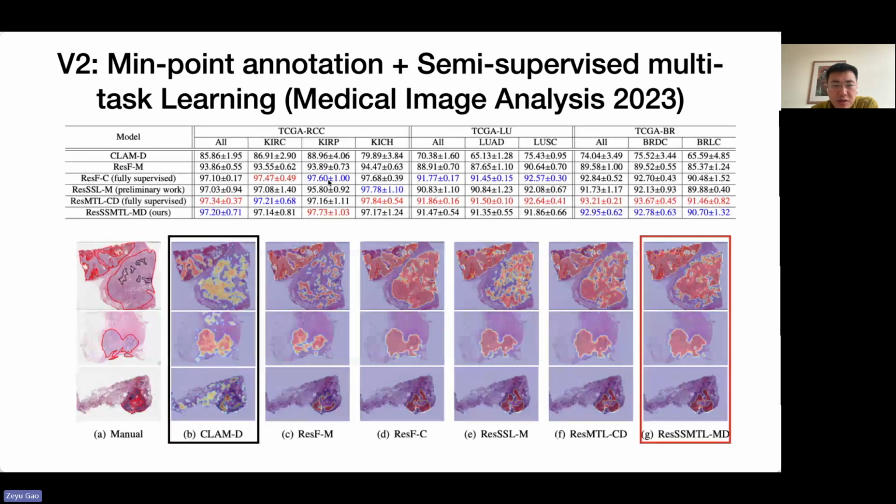The reviewers also asked us to compare the quantification ability between the multiple instance learning methods and our semi-supervised multi-task learning framework. You can see that compared with CLAM or MIL, because of the annotation that we have, we get much better quantification performance than CLAM. Here you can see it's 97% AUC compared with 85%.